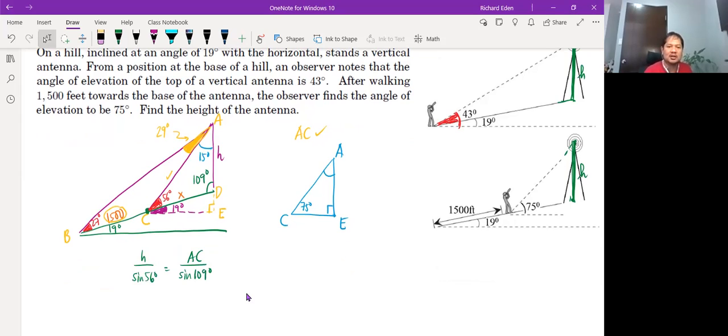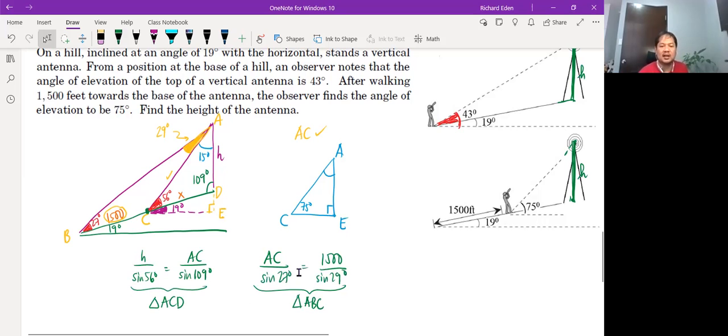And then we already talked earlier about how finding AC is necessary. AC, from triangle ABC: AC over sine 27 degrees equals 1500 over sine 29 degrees.